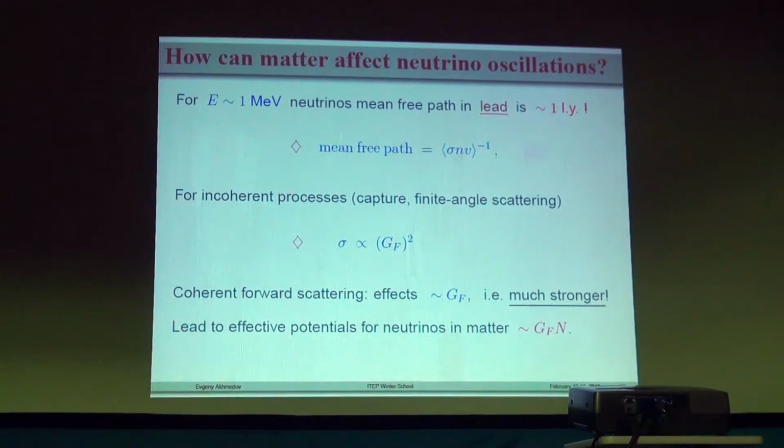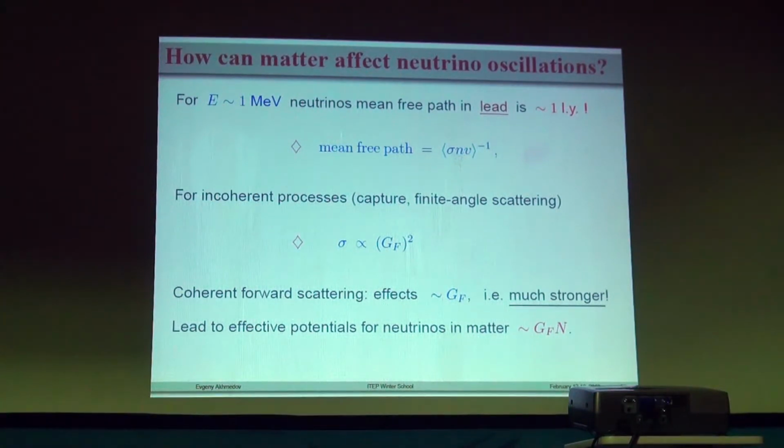Now I mentioned coherent forward scattering. Why is the forward scattering coherent, and what do I mean by this? Coherence means that we should add the effects of different scatterers on which the neutrino can scatter at the amplitude level. So we should add the amplitudes of scattering and not the probabilities. Why is it important that it is a forward scattering?